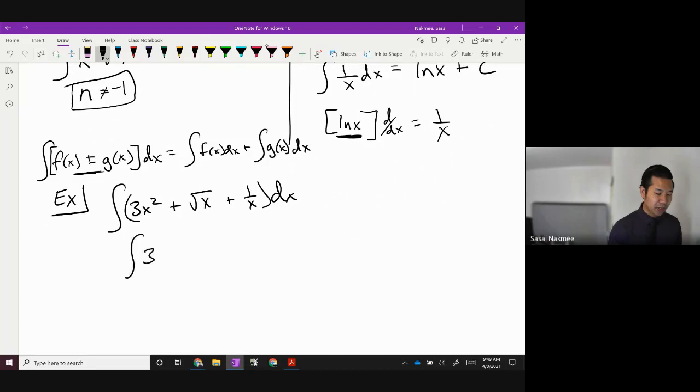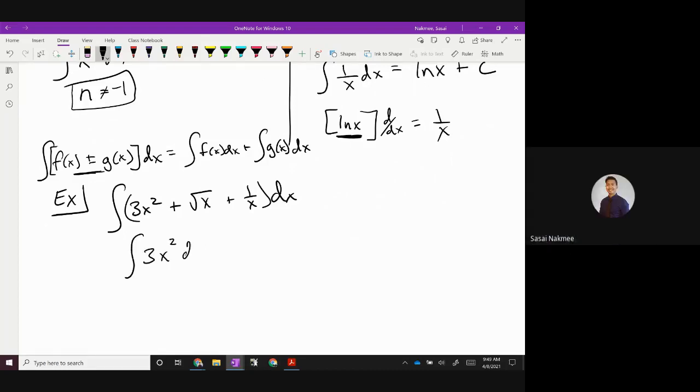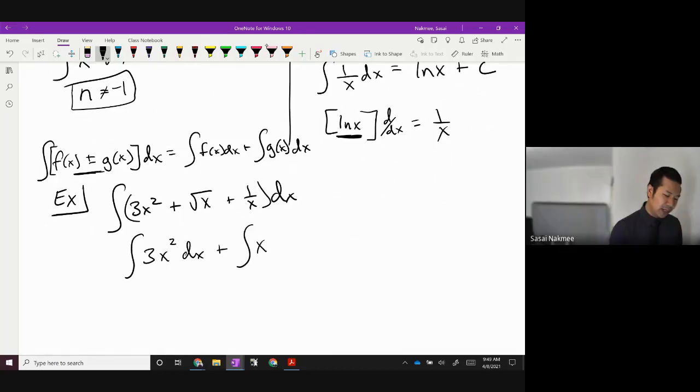So I can do this as the integral of 3x squared dx plus the integral of, instead of the square root of x, x to the 1/2 power dx, plus the integral of 1 over x dx. That might be confusing, so I'm going to write that as 1 over x dx.